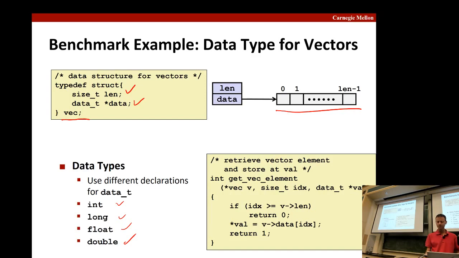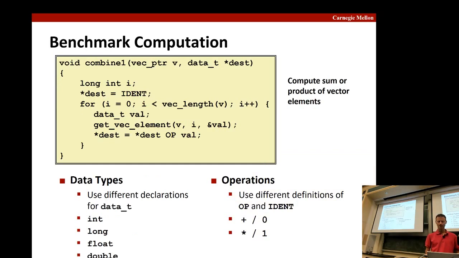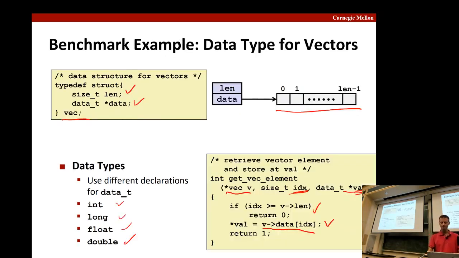Now you have another function that takes as an argument one of these vectors and an index into that vector, and stores the value of the vector at that index into a location. If you give it an index that's too high, it returns 0. Otherwise, it returns 1, and the value at that position is put into that location for you. That's called get vector element. So we have this type, and we have get vector element.